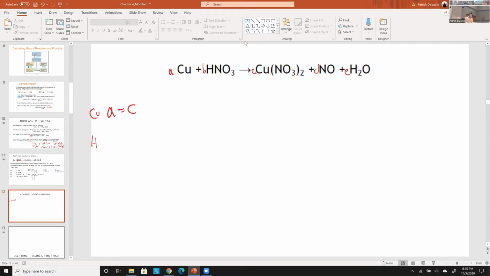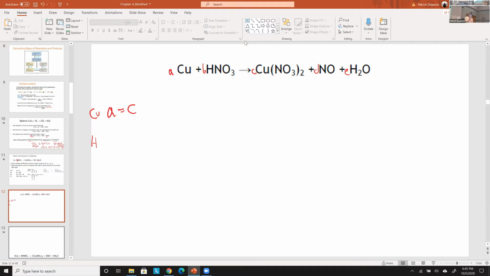We'll write down for hydrogen now. So for hydrogen, B is associated with hydrogen. So where's hydrogen on the right side? It's over here. It's in one spot. So you have 1 hydrogen on the left, 2 hydrogens on the right.